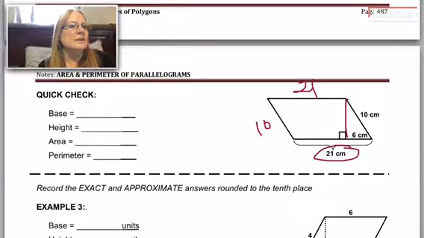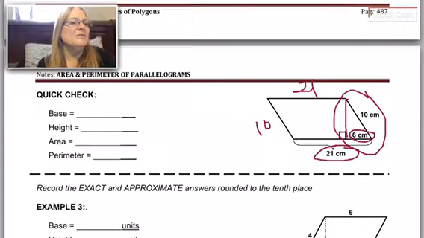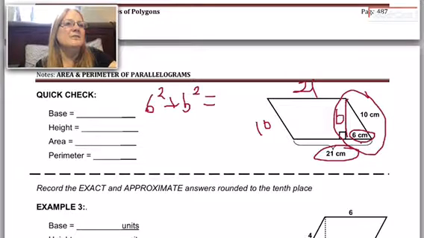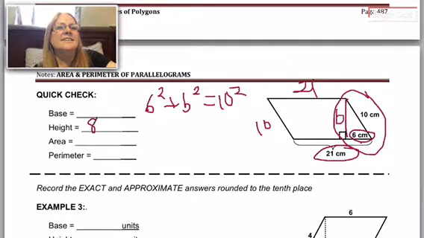Here's our triangle, and we have the measurements that we need. We have a 6, and we can call this B, and then 10. This is another triple, but you can do 6 squared plus B squared equals 10 squared. It is the triple 6, 8, 10, so the height is 8.